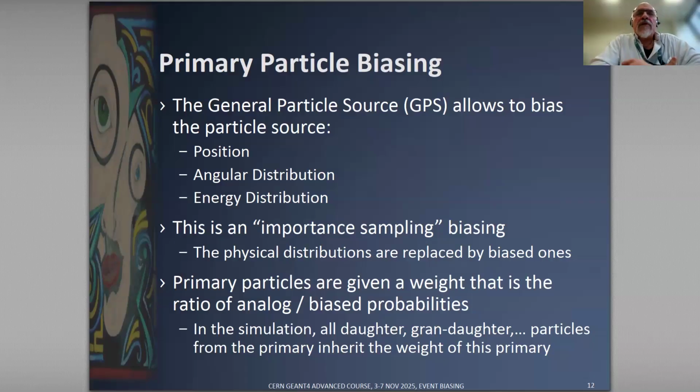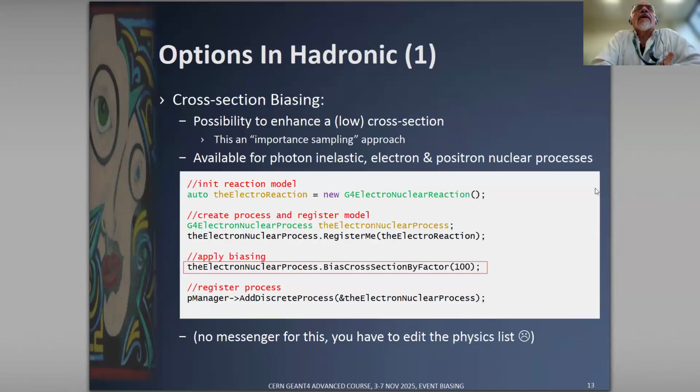That is, if some part of the energy distribution is more important than the other part, then you can enhance it with a bias distribution. And Geant4 will propagate the weight for you inside the simulation. So this is a classical importance sampling. Okay, we can go to the next slide.